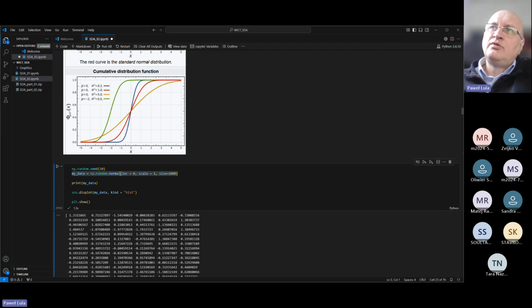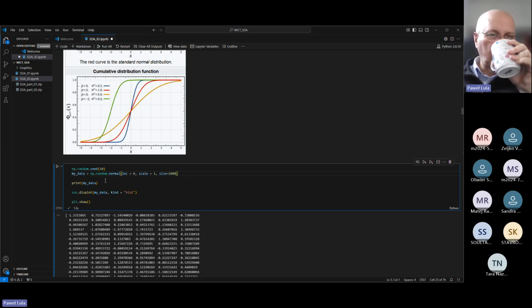The function which I used here is from the random module from the NumPy package.